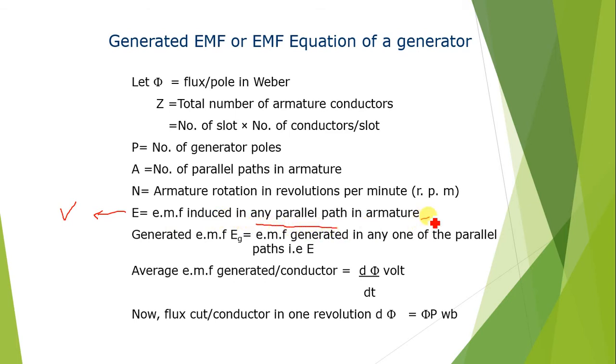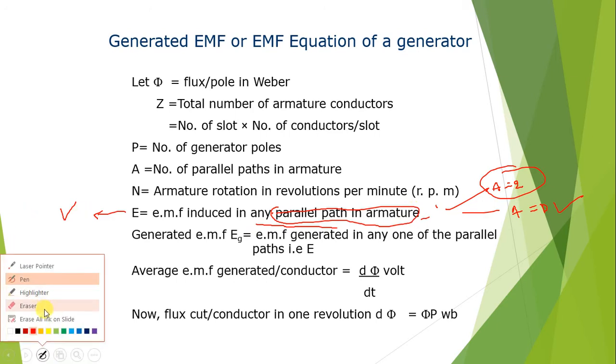In case of wave winding the A value is 2, and in case of lap winding the A value is the number of poles. The EMF induced in one parallel path, multiplied by the number of parallel paths, gives the total EMF.